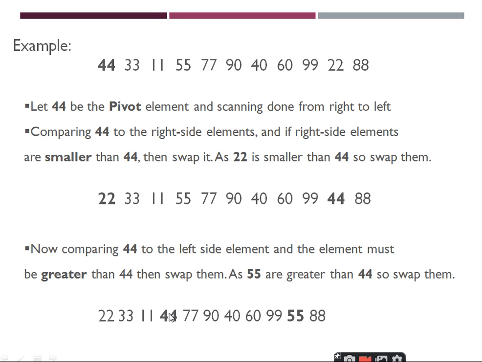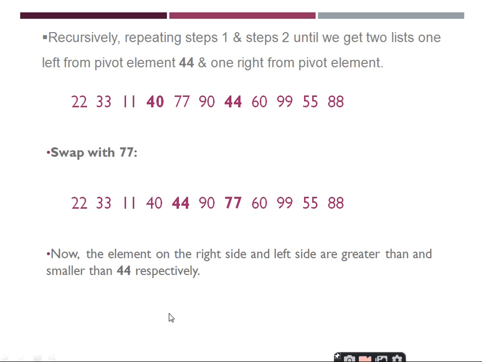So here we will get this kind of swapped list. 40 is here, 44 is here, and then next time we'll swap 77, because in this scan we try to find an element which is greater than 44. So here we found 77 is greater than 44, hence we swap the two elements, getting the list as this.